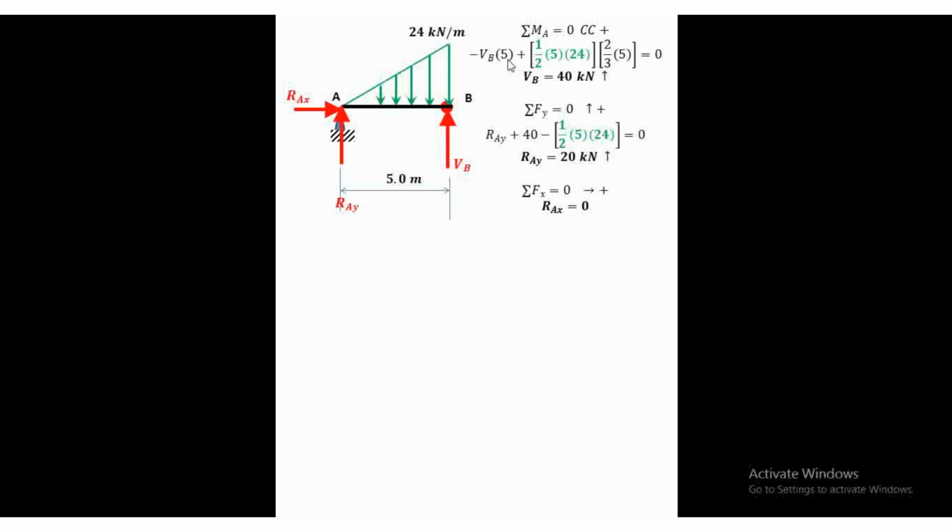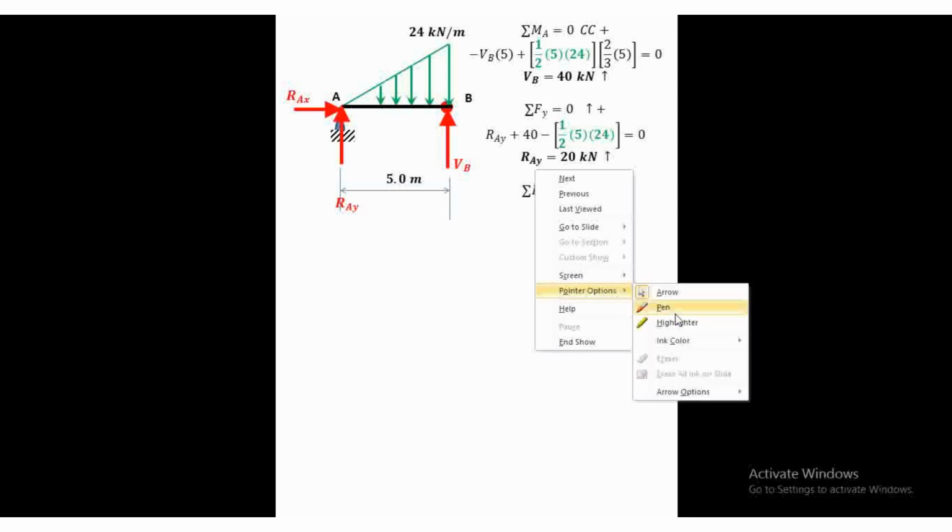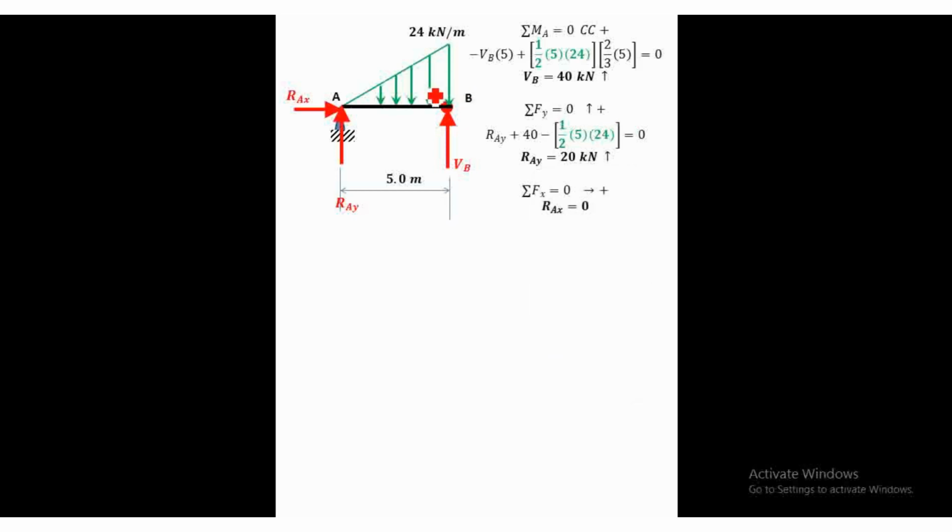Then, 5 is the distance of VB to A. Now, to get the resultant of this load, this triangle, you have to take the area of that. Since that is a triangle, the area is 1/2 base times height.